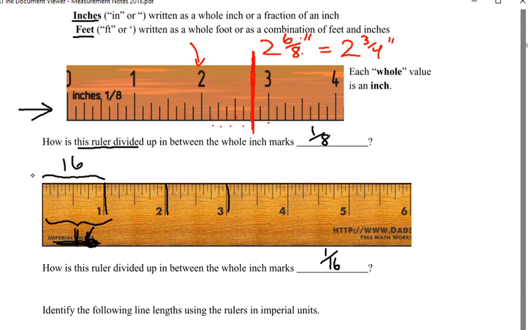So if I wanted to measure this length here, what we would be looking at is 3 whole inches, and now I count. 1, 2, 3, 4, 5. We're at 6 sixteenths. The reason you get different length lines is that way it's easy to read.